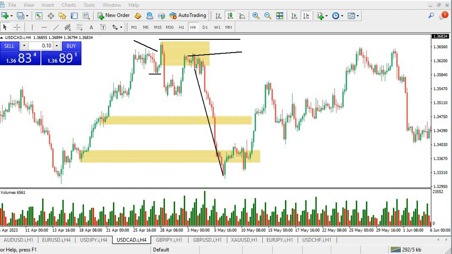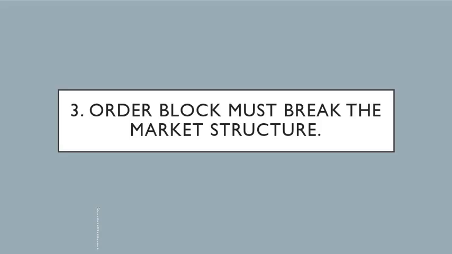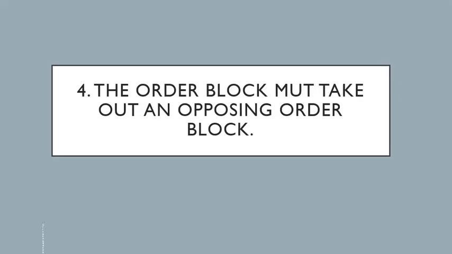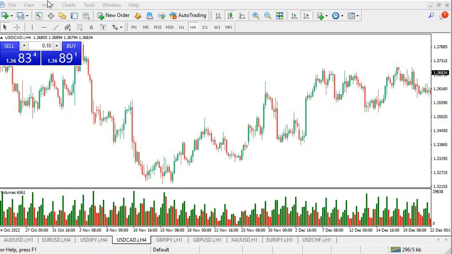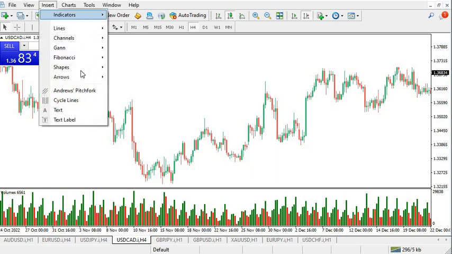Now let's move toward the fourth characteristic of tradable order blocks. The fourth characteristic states that the order block must take out an opposing order block. Let me show you what this point means. Here I found a better example.